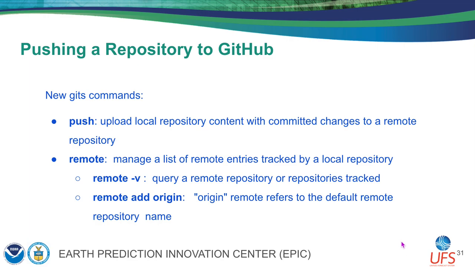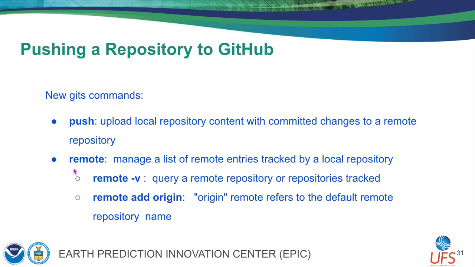So now we'll be pushing our local repository to GitHub, and we will need to learn a couple of new commands. It's git push that will upload our local repository content with the committed changes to a remote repository that has been synced with the local one.